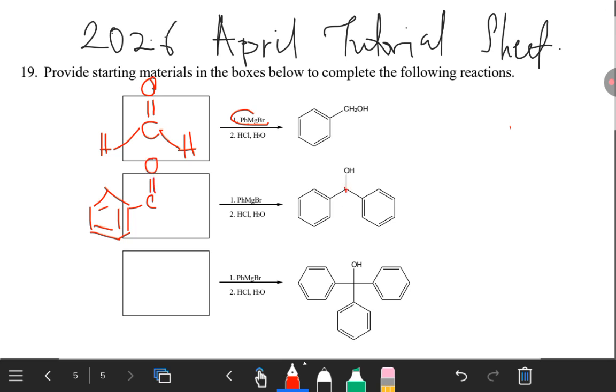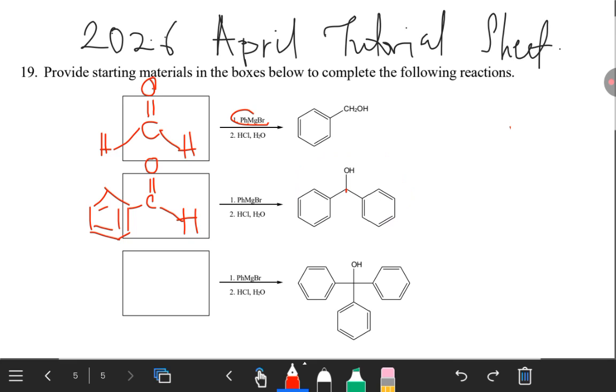Then we can see that it just had 1 hydrogen there. So that hydrogen is what we are going to bond with the carbon on this side. Alright, so this was the starting material for the second reaction for us to form this product.